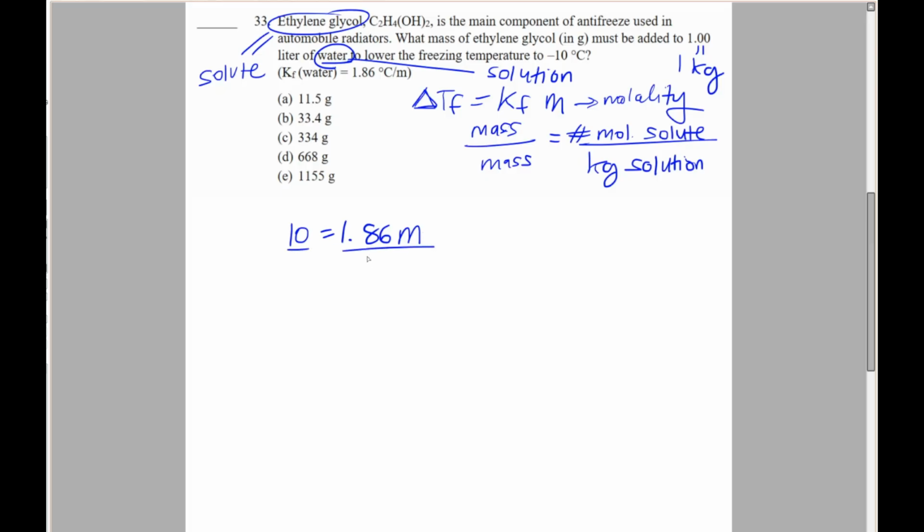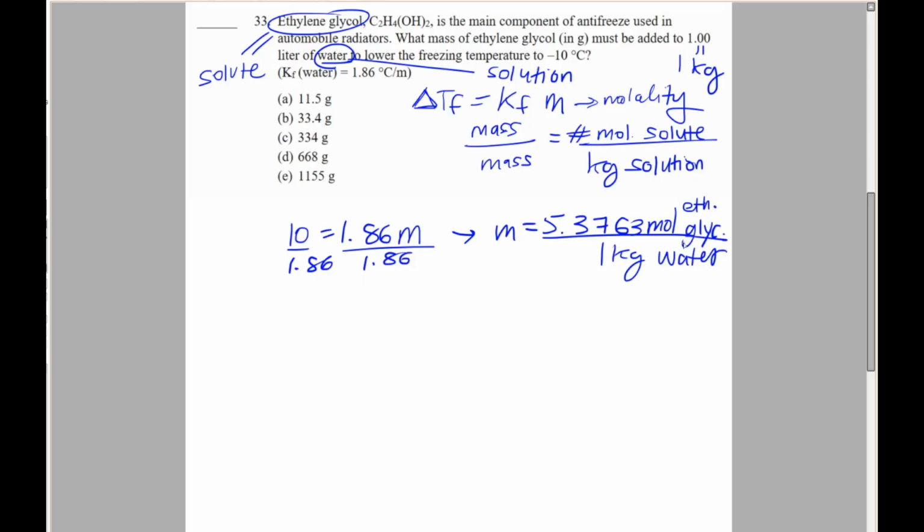So if you divide both sides by 1.86, you get molality is equal to approximately 5.3763 moles of ethylene glycol over 1 kilogram of water.